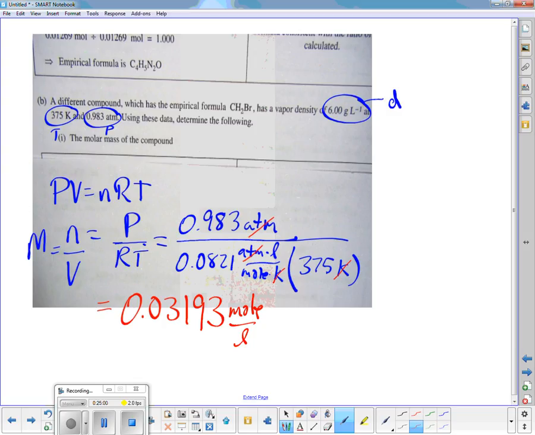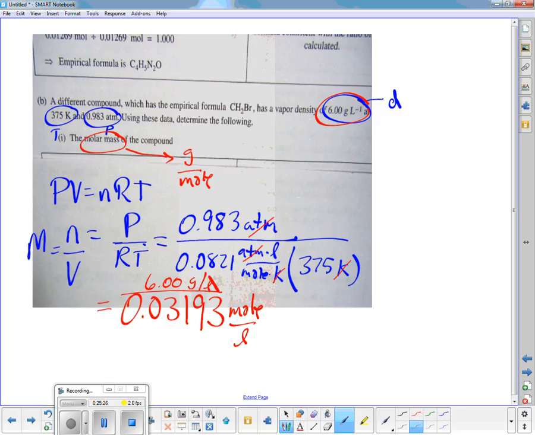And we still have the density up here that we have not used. They want us to find the molar mass. What's the definition of molar mass? Grams per mole, right? So we've got 1 over. Now take that 6 grams per liter.